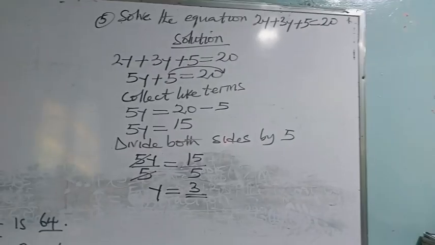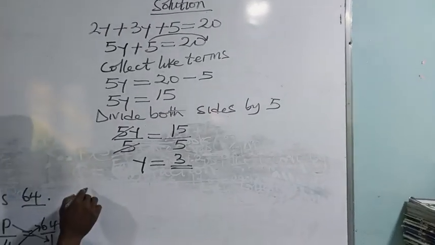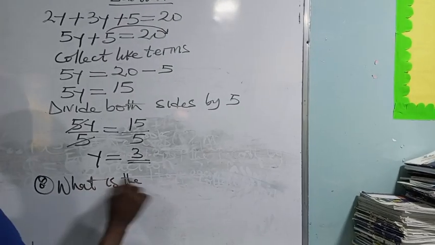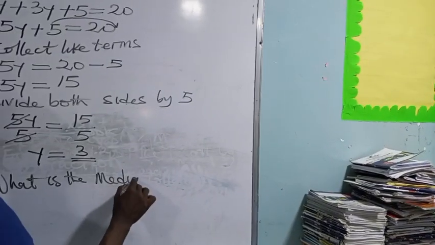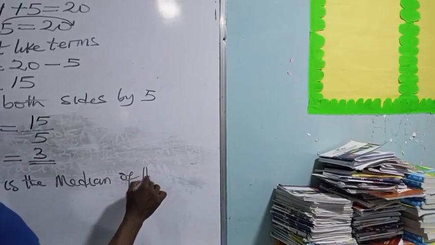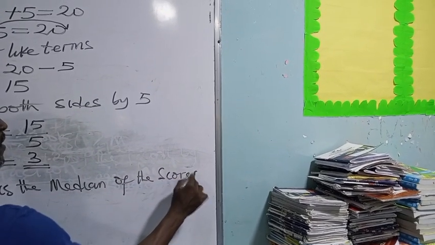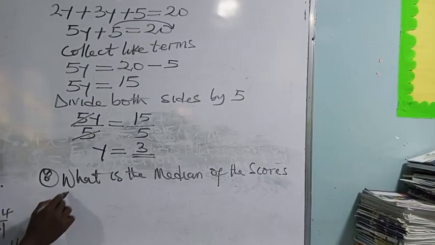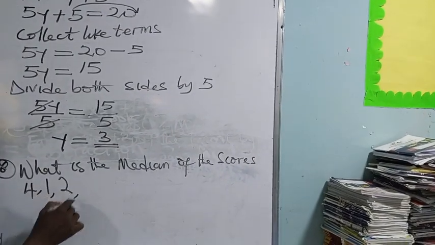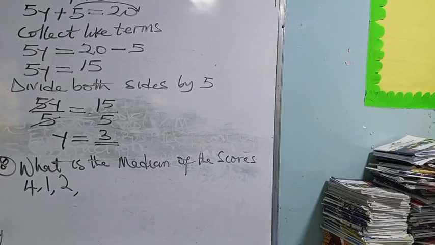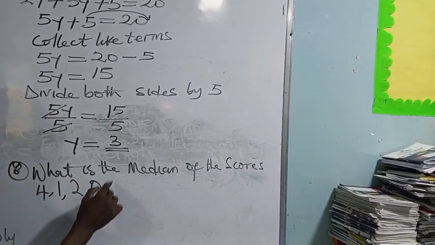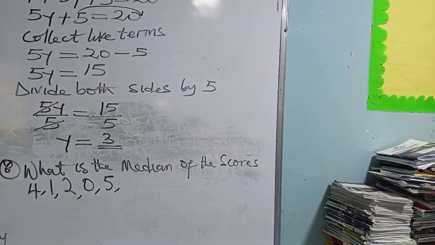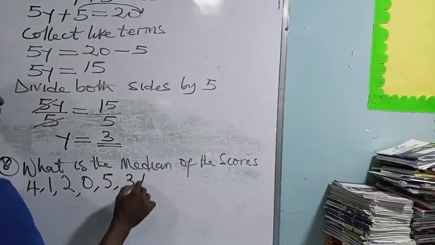What is the median of the scores? Where you have 4, 1, 2, 0, 5, 3, 4.